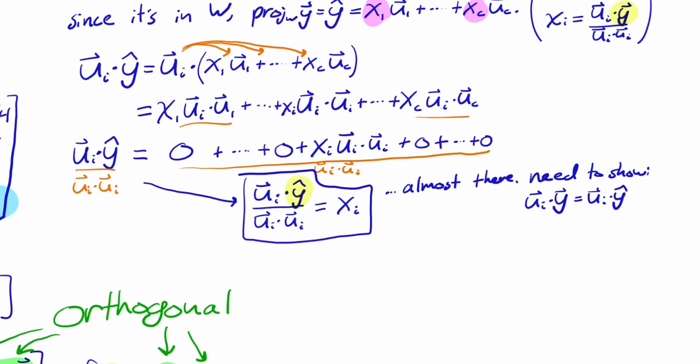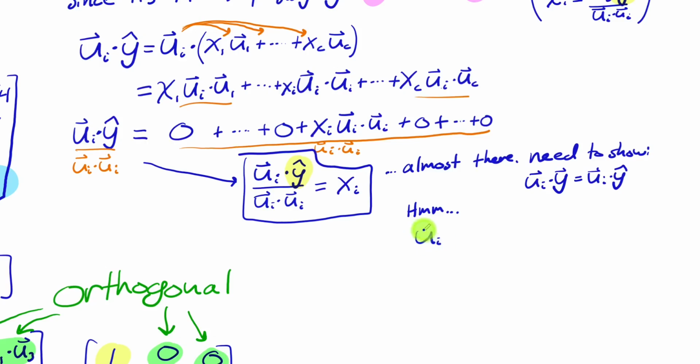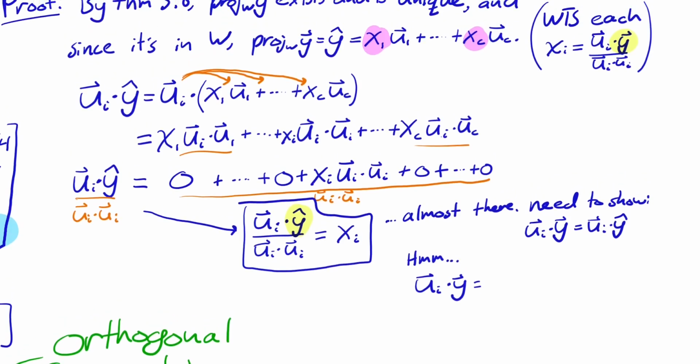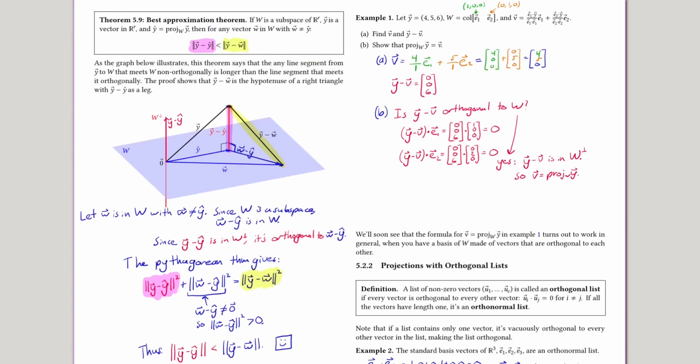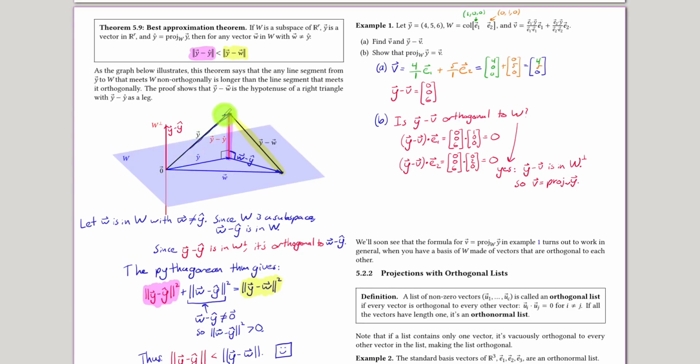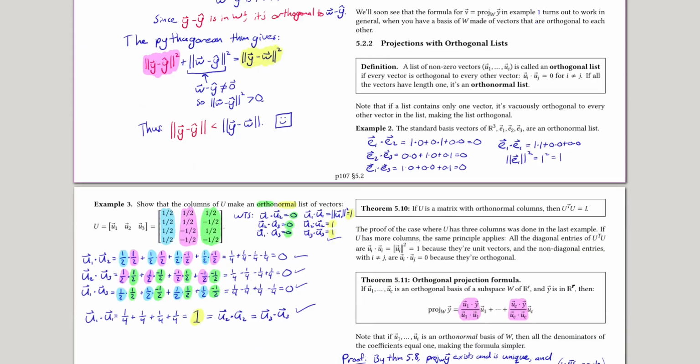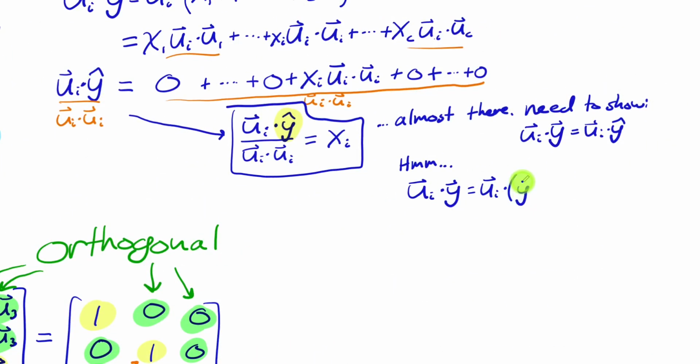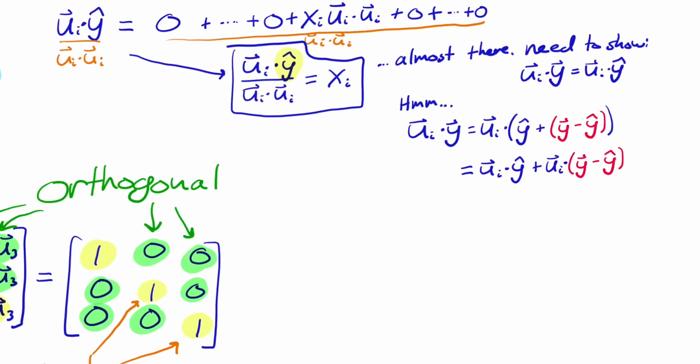And to see that, let's look at the picture over here. We can write y as the projection y hat plus y minus y hat, right? And then you can distribute the ui into that. And what do we know about ui dotted with y minus y hat?